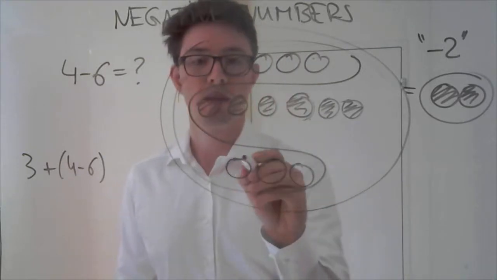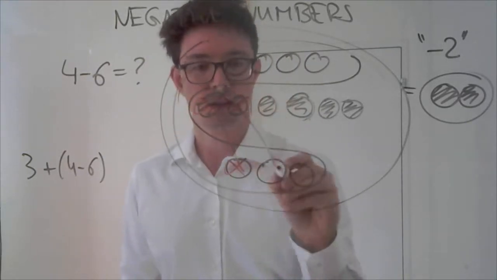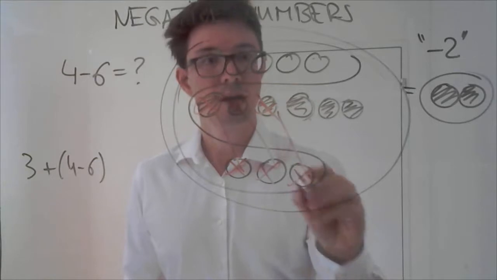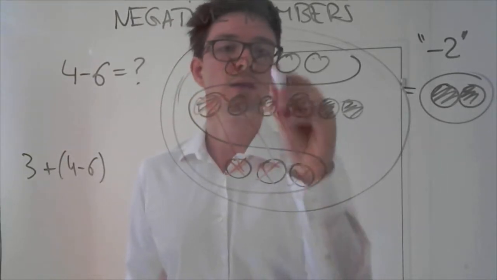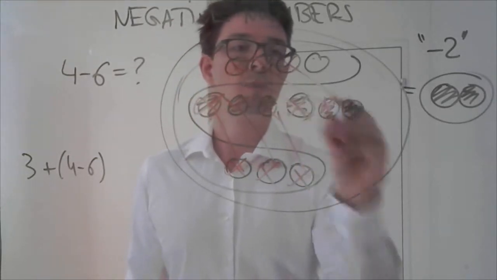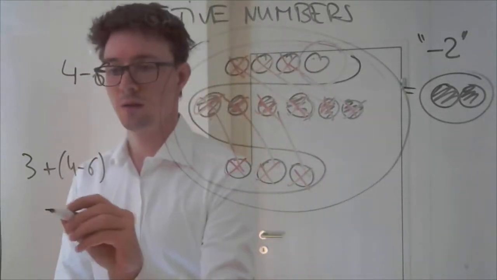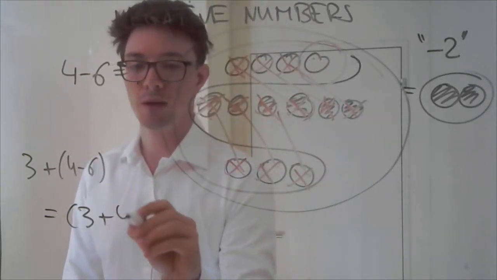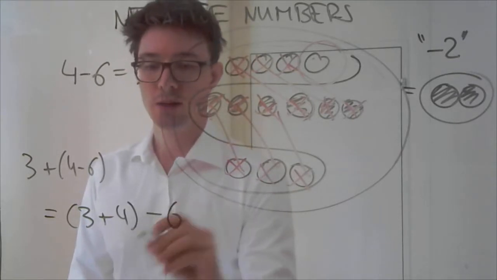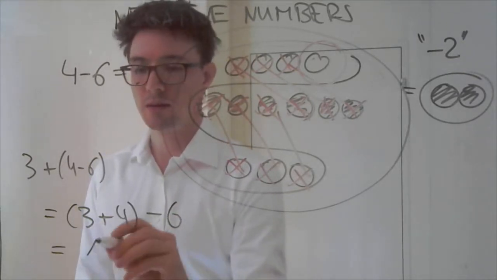This dot cancels this cancels this cancels here, and then we have a few cancellations up here, and we are left with a single dot. So this is actually 3 plus 4, take away 6, so 7 minus 6, 1.